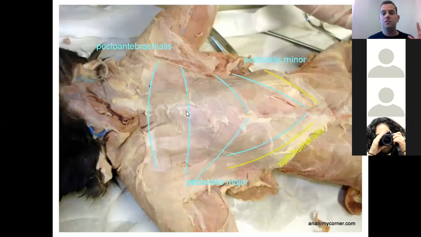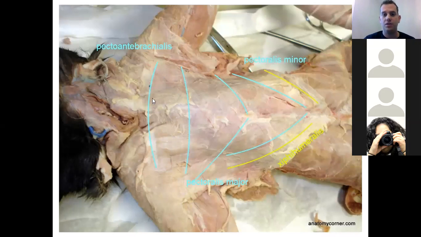Here the cat is on his back, facing up, and we can see the muscles of the chest, and there are a few slides that'll come a little better. Cats have something called a pectoantebrachialis that we do not have, which goes across here, and you can see, though not too well in this picture, that there are striations going across.